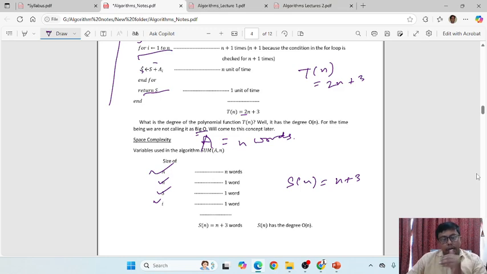In my second lecture, I will start from here, and I will tell you how, once we determine the time function and space function, we represent them in terms of asymptotic notation. So I am concluding my lecture over here. Okay, thank you.